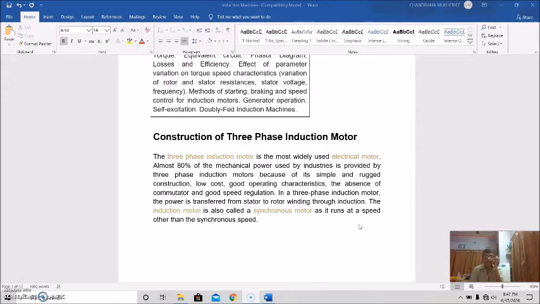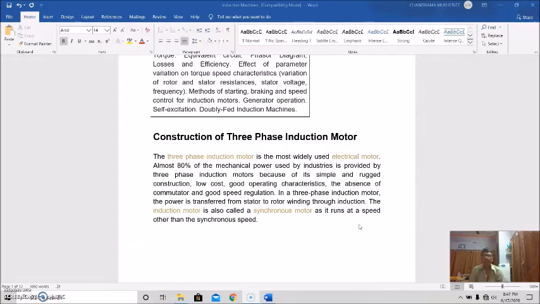It is simple, rugged or robust in construction, low in cost, has good operating characteristics, has no commutator, has good speed regulation, and maintenance is almost nil.